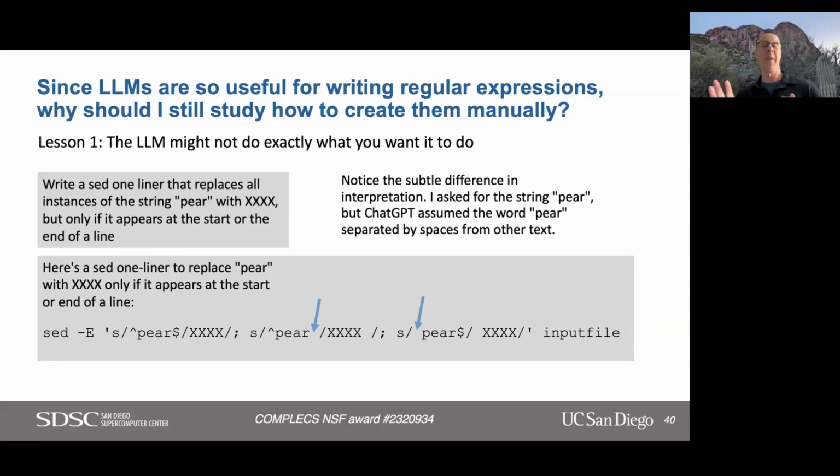So this is slightly different from what I wanted. I asked for the string pair, not the word pair, separated by spaces or punctuation marks. So here again, it didn't do quite what I wanted to do.